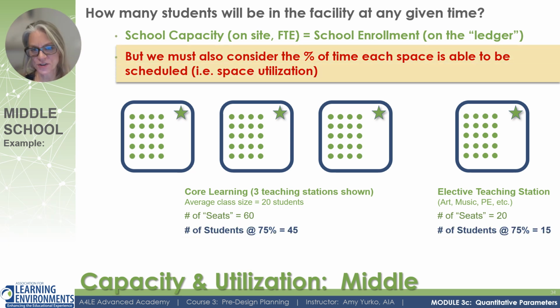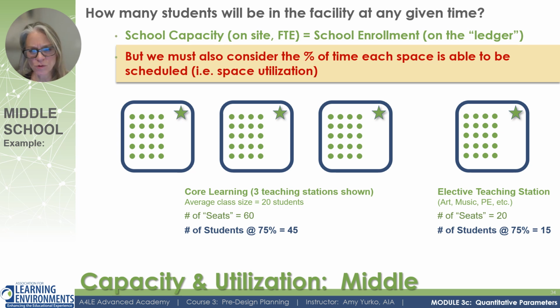Student seat counts are useful for understanding certain aspects of the project, but it certainly isn't how you would calculate the actual capacity or enrollment of a middle school. In practice, it's actually really difficult, maybe impossible, to schedule all teaching stations in a middle school 100% of the time with the exact number of students each space can accommodate. So the space utilization toggle is that calculation factor that recognizes this reality of scheduling.